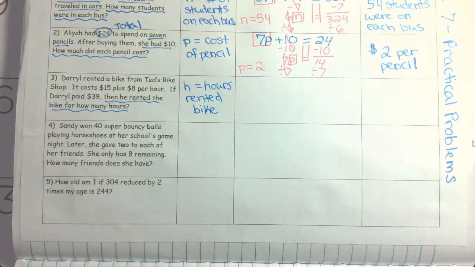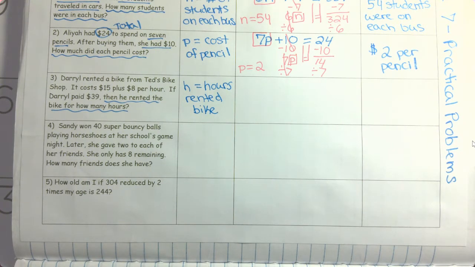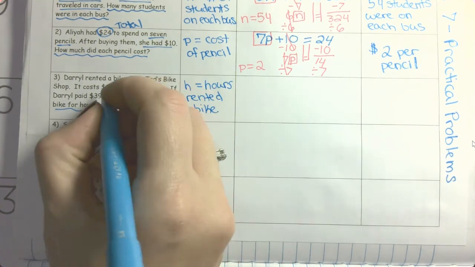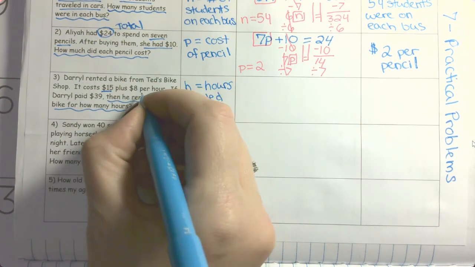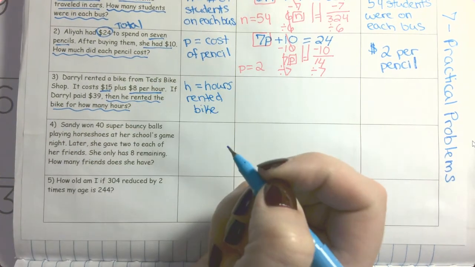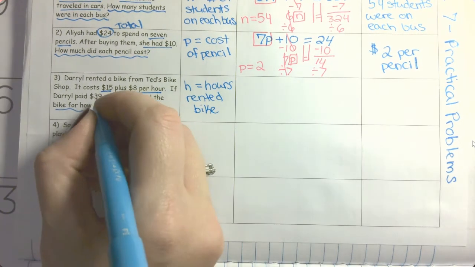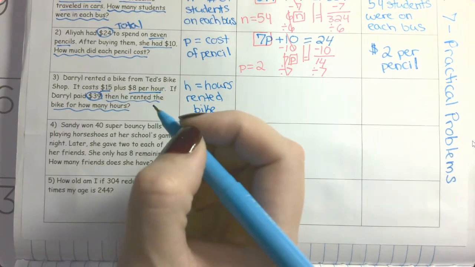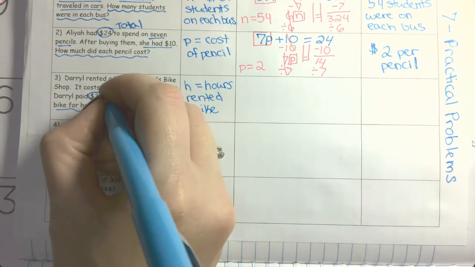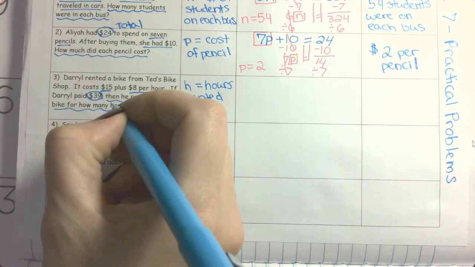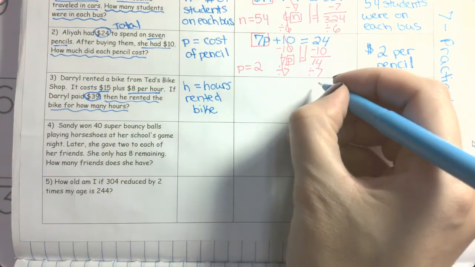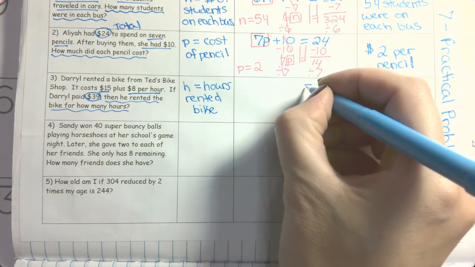So then I need to look at where my total is and what creates that total. So it cost him $15 plus $8 per hour, and he paid $39. So that 39 is going to be my total in this case. So we're going to end up equaling 39.